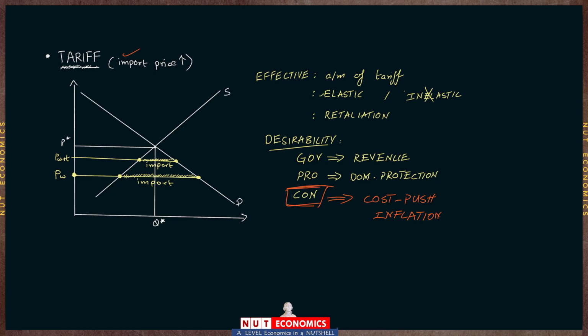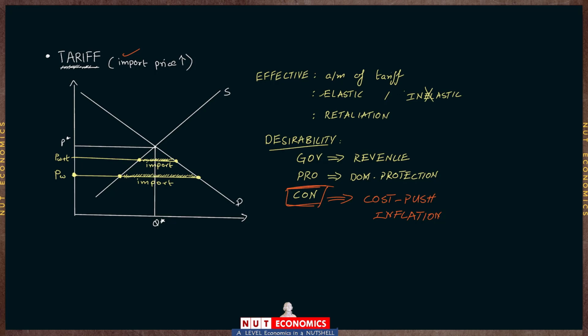You can't distinguish that I make imported luxury products expensive, which are sort of useless things, but maybe I don't want to increase the price of imported fuel. If you are depreciating your exchange rate, you cannot pick and choose which import will become expensive and which will not. Every import, including the imported raw materials and petrol, all the things become expensive.